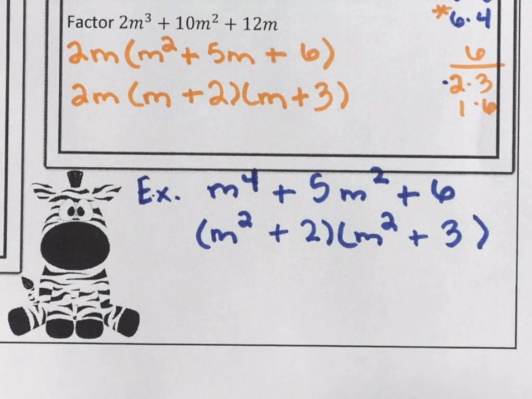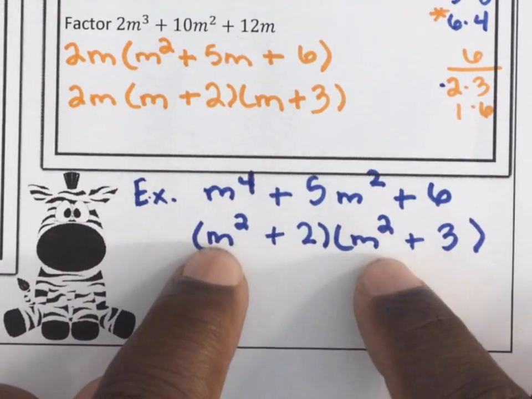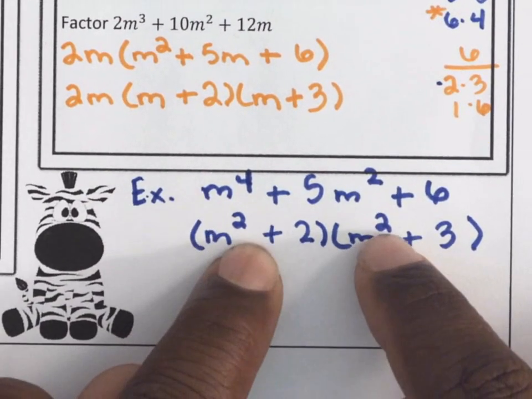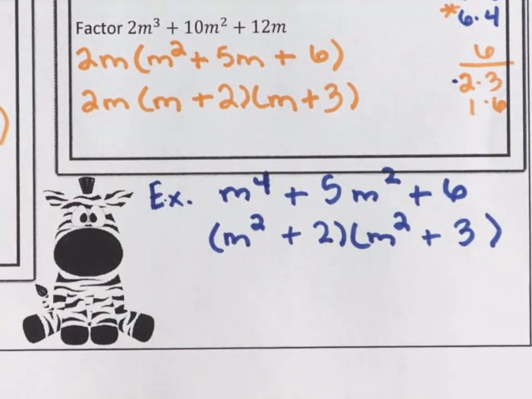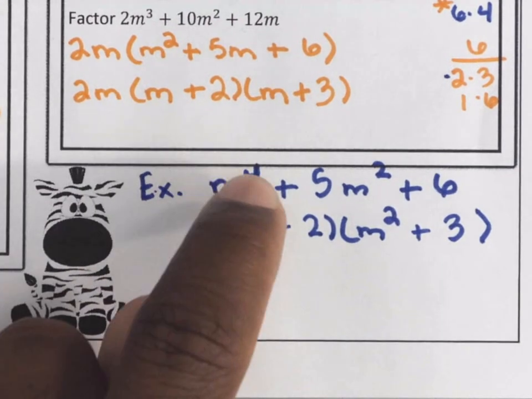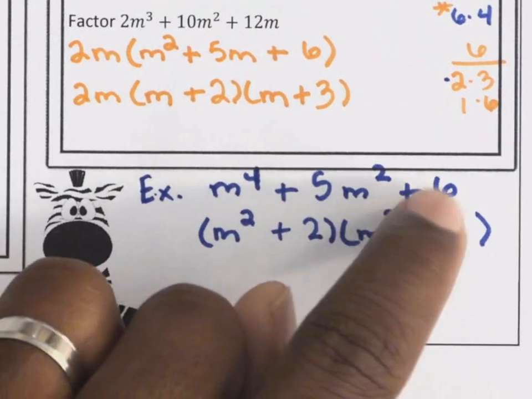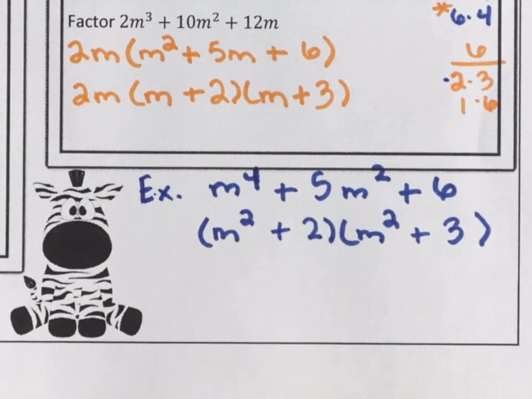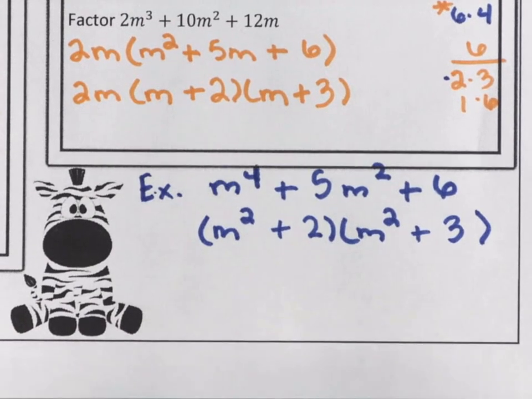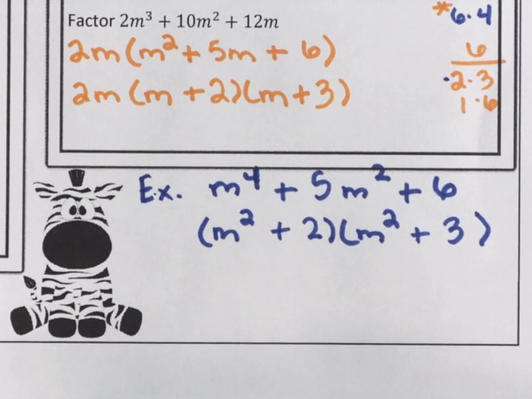It'll all work itself out. The only thing you need to change is your first times first. Just make it squared instead of m to the 1st power and m to the 1st power. So if you see these exponents get bigger, don't freak out. It's pretty much the same thing. All right, does that make sense?